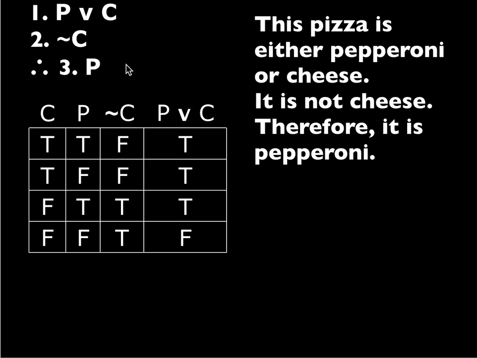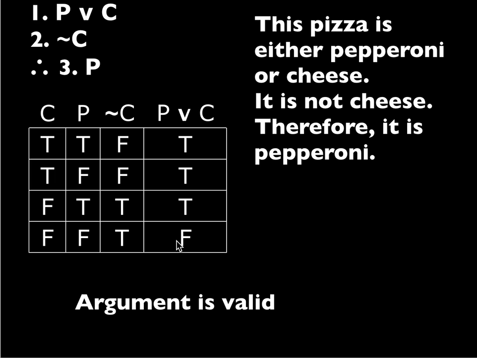Well, where are the premises? Here's 1, here's 2, and here's 3. So they're at the end, but in reverse order. Is there any row where 1 and 2 are true, but 3 is false? No, there isn't. So the argument is valid, because the premises jointly imply the conclusion.